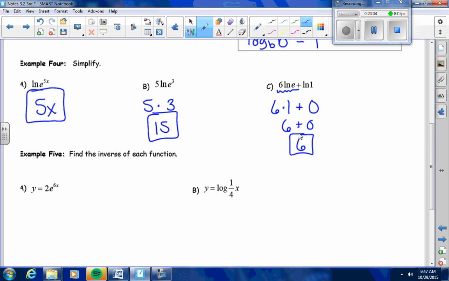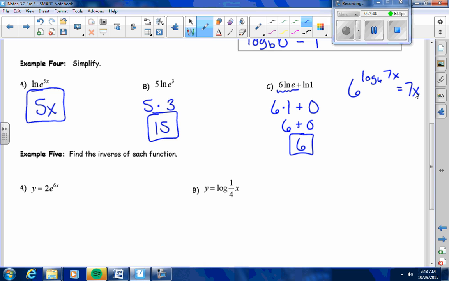And what if I had 6 raised to the log base 6 of 7x? That would equal 7x.